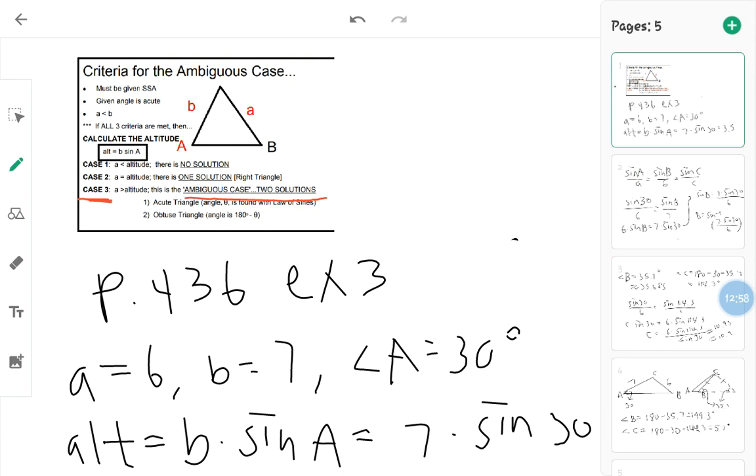So what do we need to look at? Please go over the 3 criteria and then you have to calculate your altitude. So you can check case 1, 2, 3. Okay, this time our information is applicable for case 3, which is the ambiguous situation. I can expect that I can get two B's, one acute and one obtuse.